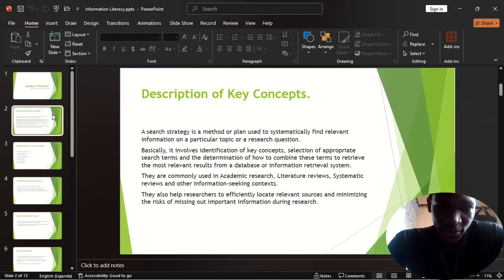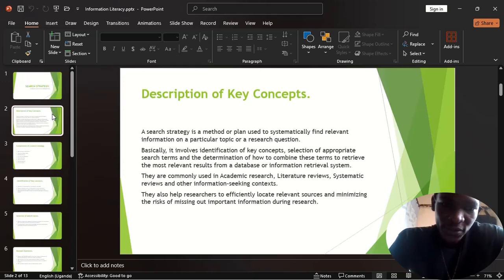So what we shall start with today is a brief description of what a search strategy is and the key concepts contained in it. First and foremost, a search strategy is a method or a plan that is used to systematically find relevant information on a particular topic or a search question.